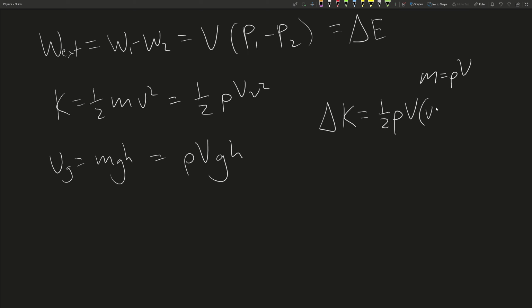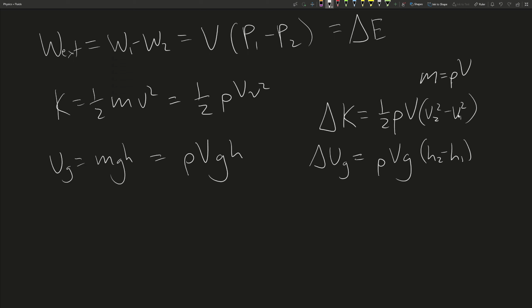So it's V2 squared minus V1 squared. And the change in potential energy is equal to, again, density doesn't change and volume doesn't change. Gravitational field strength also doesn't change. So it's just equal to the final height minus the initial height.